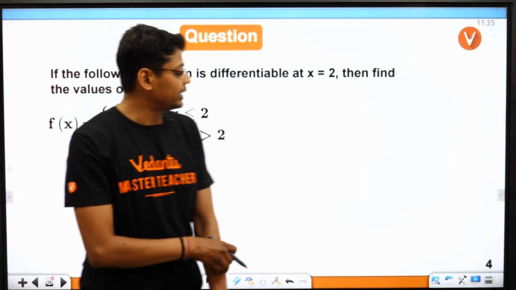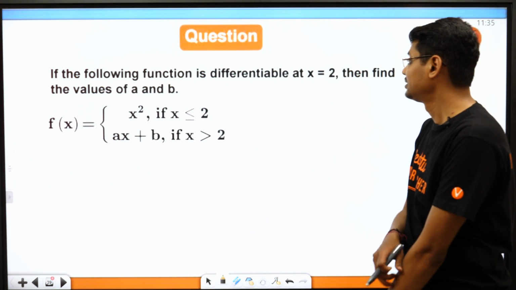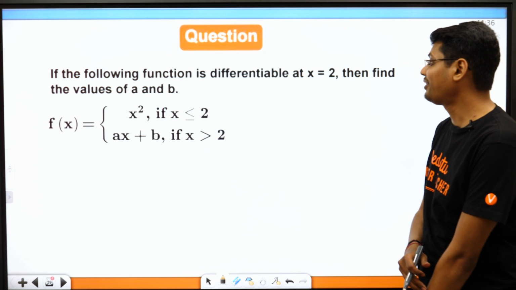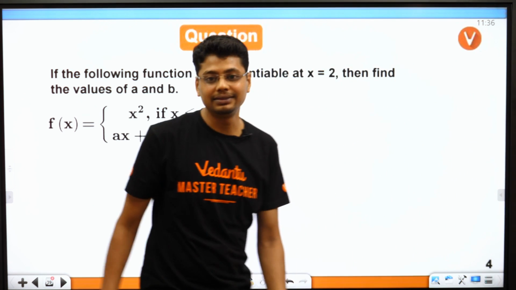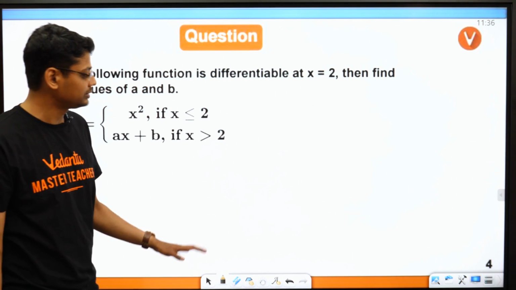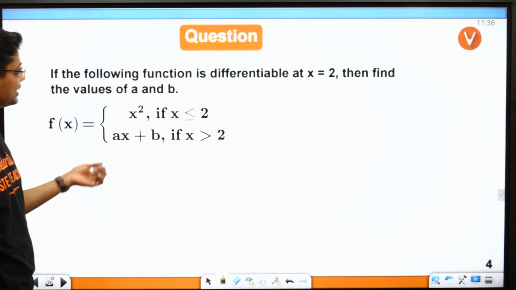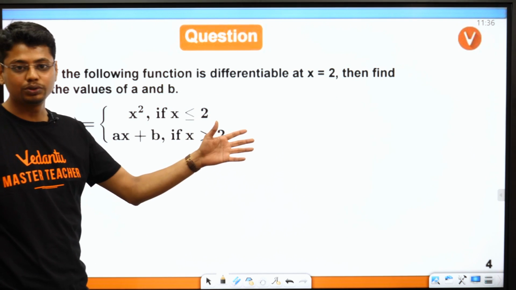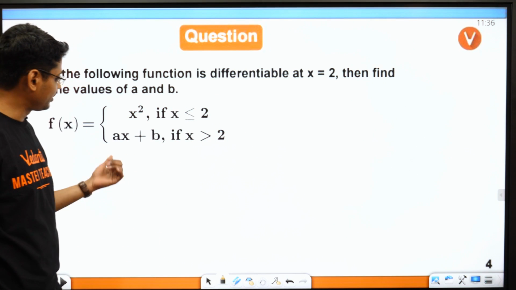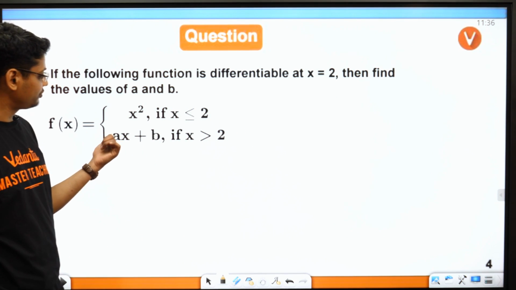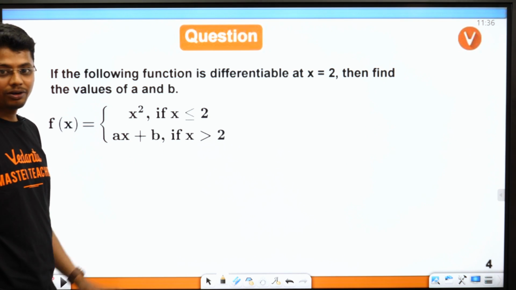Alright, if the following function is differentiable at x equal to 2, then find the values of a and b. This is another typical question, very simple, but it is generally asked at boards level. Since it is differentiable at x equal to 2, it is continuous also, and we have to find the values of a and b.